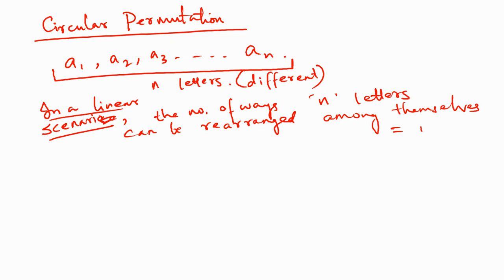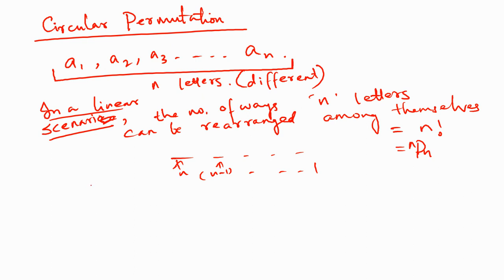We already discussed this: n factorial, nPn, or n times (n minus 1) times (n minus 2), going up till 1. There are n spots; the first spot can be filled in n ways, the next in n minus 1 ways, and so on till 1. Now let's say we have a circular scenario.